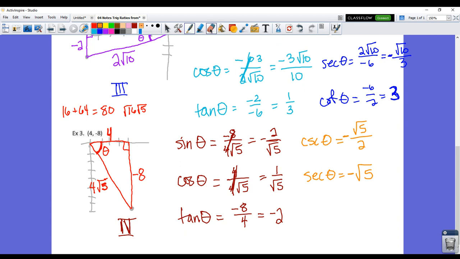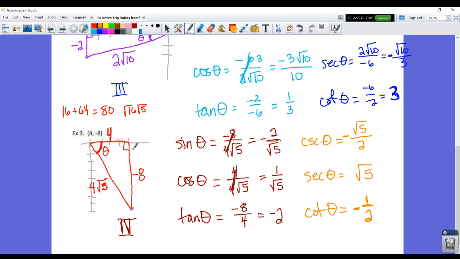Wowzers, this is a positive 1 over root 5, so this needs to be a positive root 5 over 1. Secant and cosine are positive when you have a fourth quadrant point. Okay, cotangent is negative 4 over 8, which is negative 1/2.